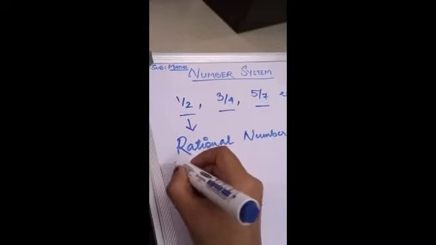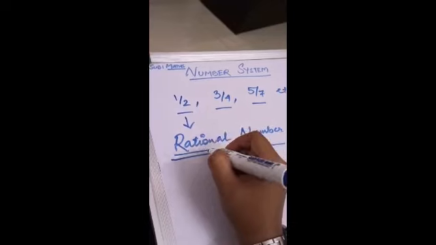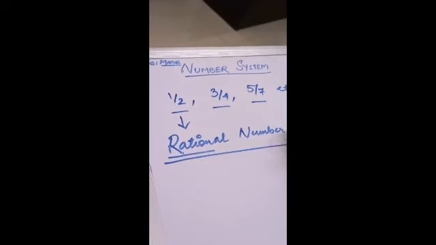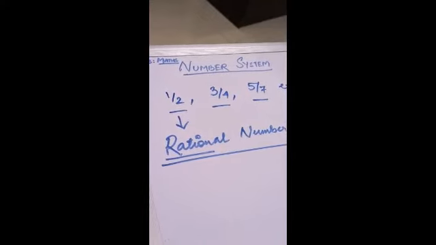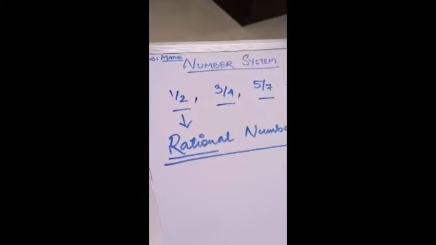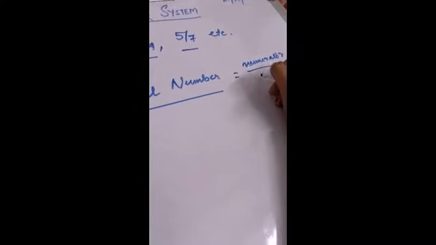Now from the word itself you can understand it is coming from the word ratio. Ratio means what? Something having a particular numerator and a denominator.